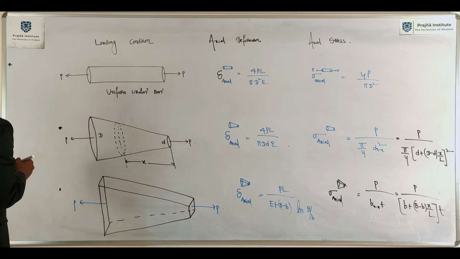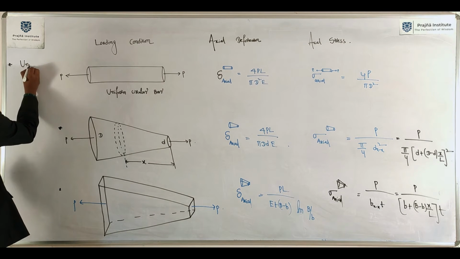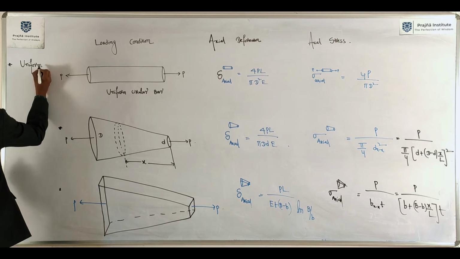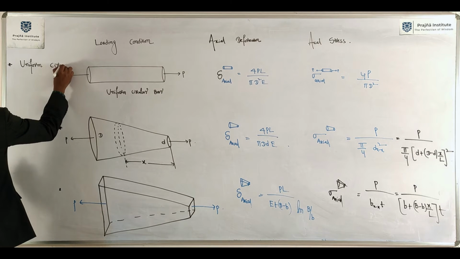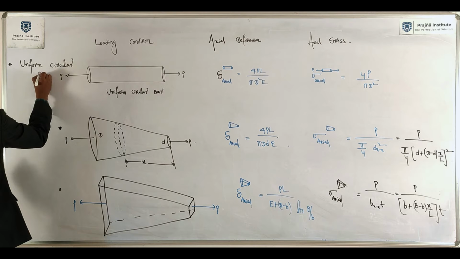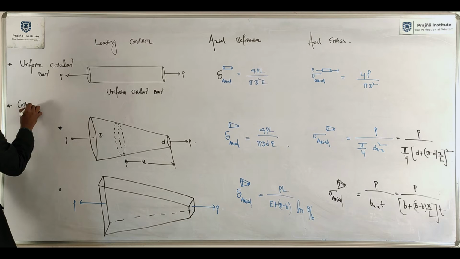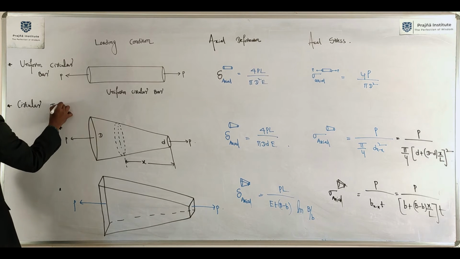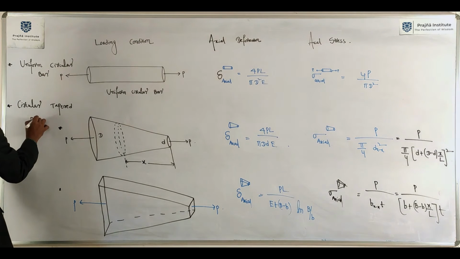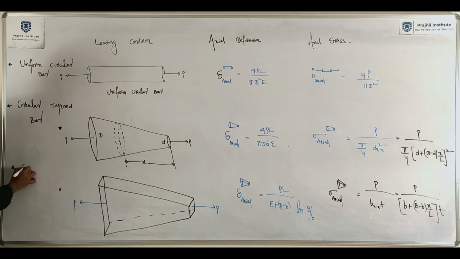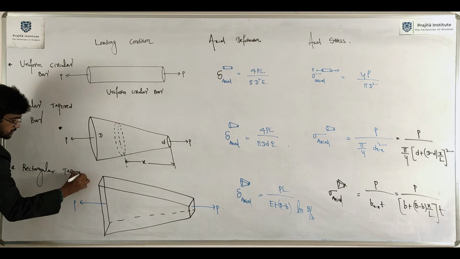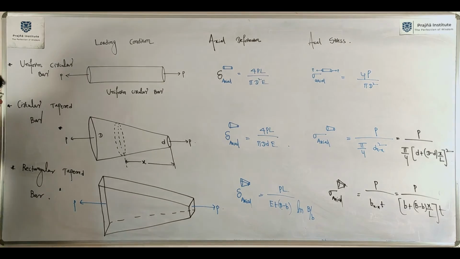You can write here: uniform circular rod, uniform circular bar, circular tapered bar, rectangular tapered bar.